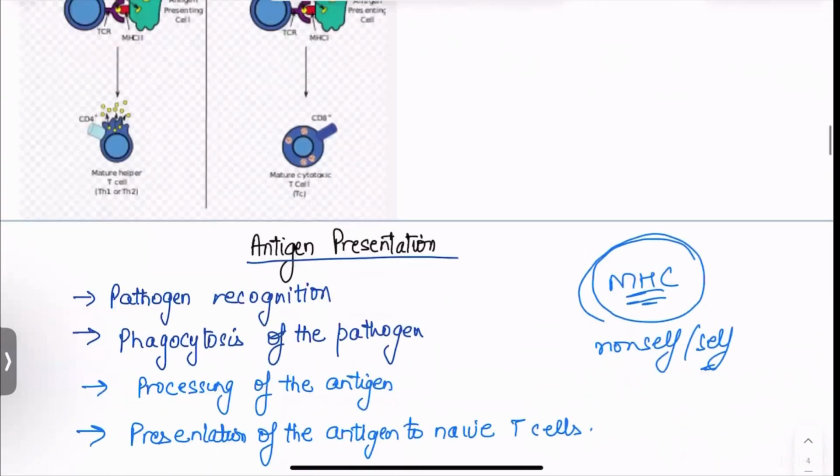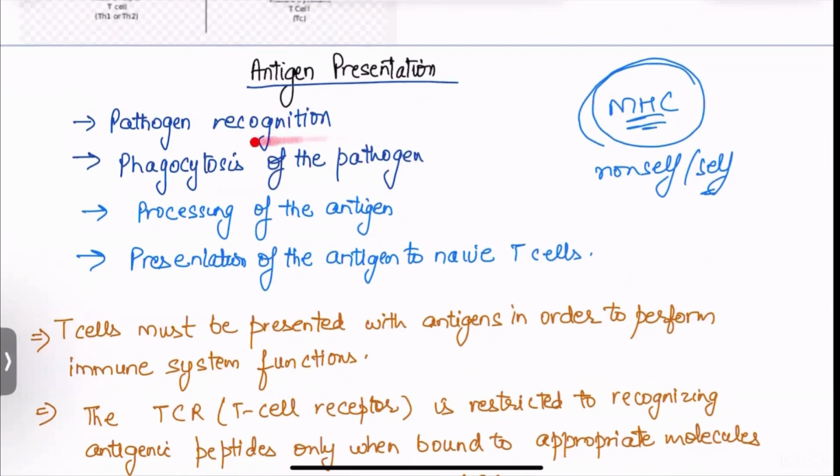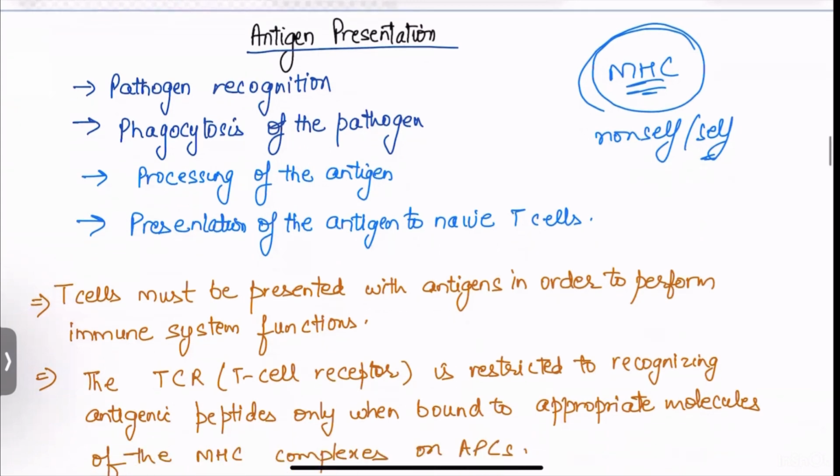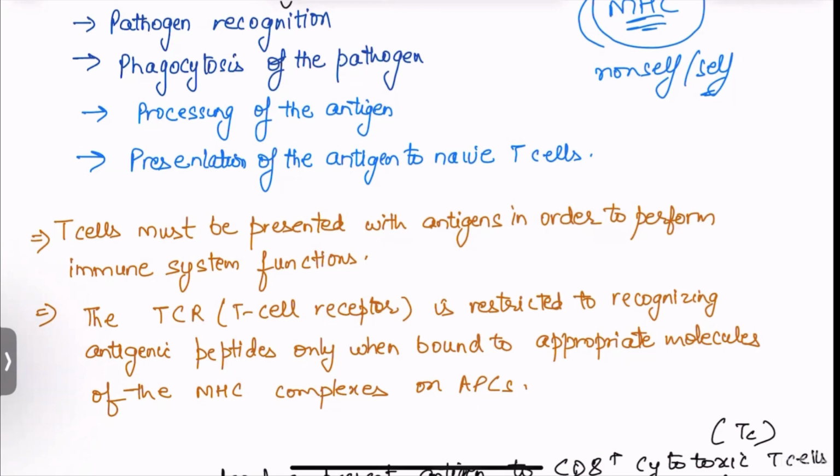Antigen presentation is divided into a few steps: pathogen recognition, phagocytosis of the pathogen, processing of the antigen so that a small fragment can be collected, and then presentation of that small fragment to naive T cells.